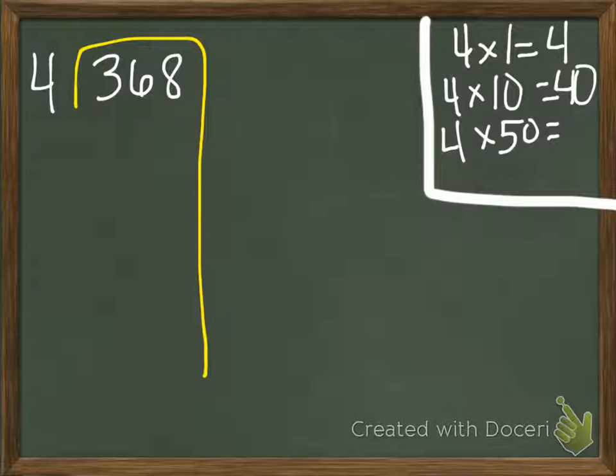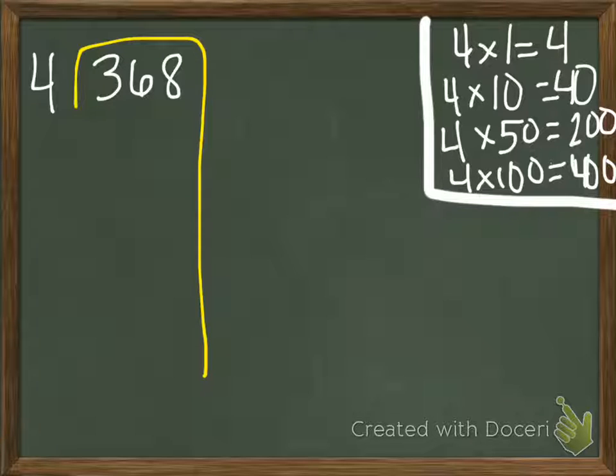Some students would know that, which would give us 200. And then 4 times 100 would give us 400. Sorry, this is messy. I do not have a stylus with me.